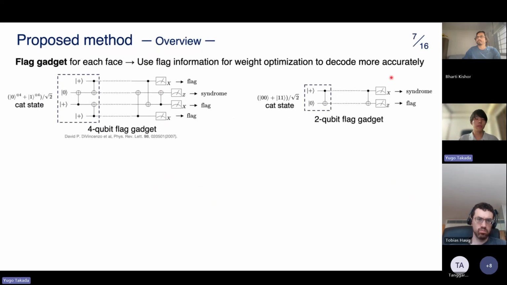Here we use two types of gadget named 4-qubit flag gadget and 2-qubit flag gadget. These gadgets are circuits that can flag certain types of errors from the measurement outcome and at the same time provide the syndrome, by first preparing a cat state, then interacting with data qubits in the selected order, and finally performing post-processing and measurement.